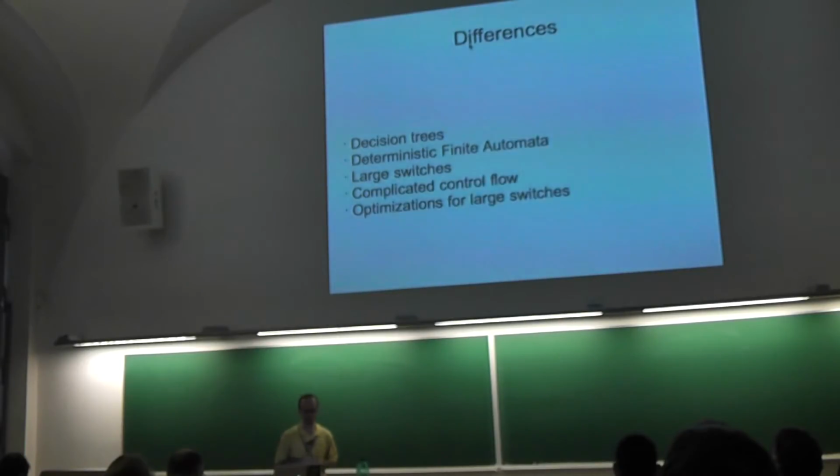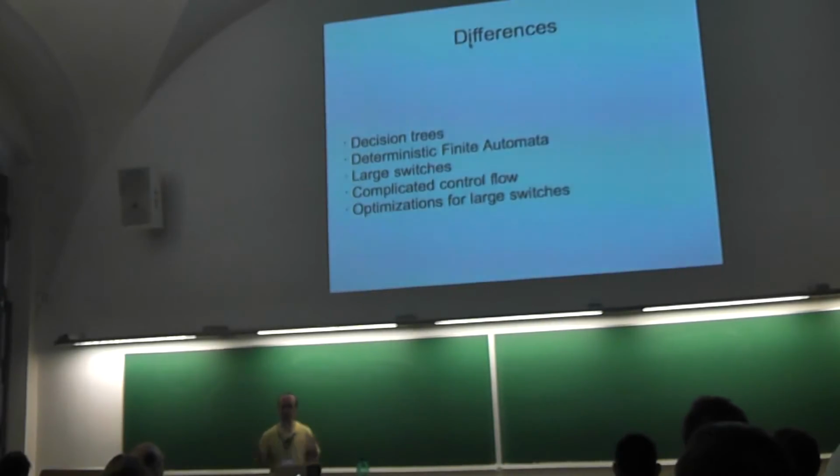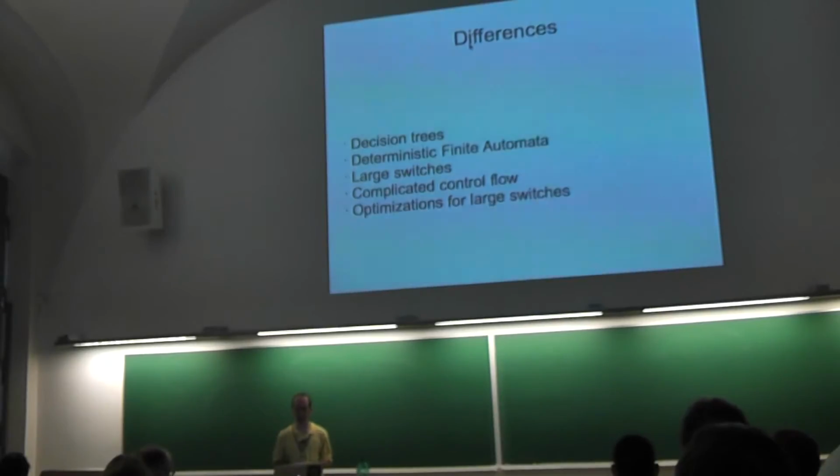So, as I mentioned, they're creating basically large decision trees, deterministic finite automata. There are a large number of switches, basically traversing the internal states of this virtual machine that they've created.